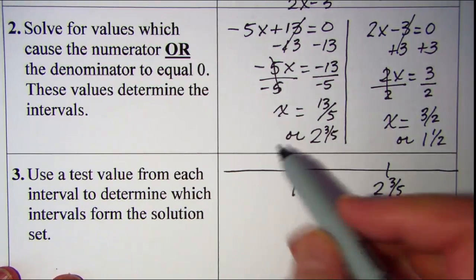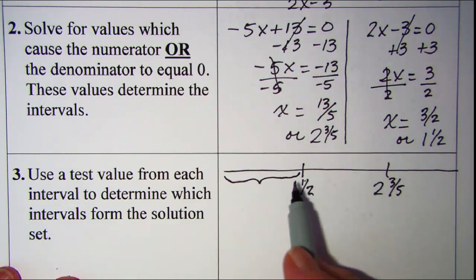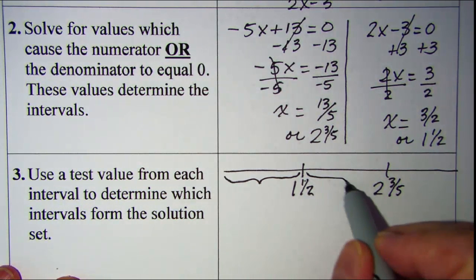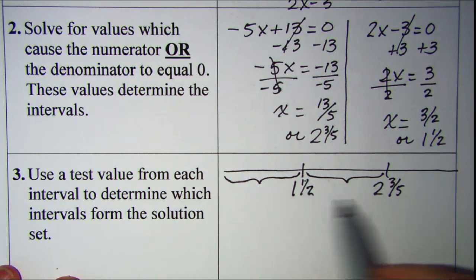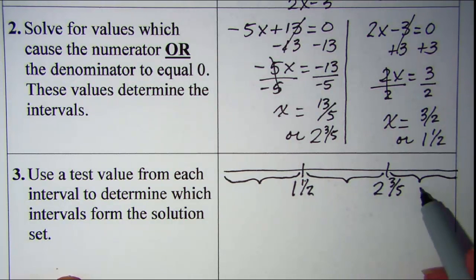Now my intervals: I have all the numbers that are less than 1 1/2. Then I have the numbers that are between 1 1/2 and 2 3/5. And then I have the numbers that are greater than 2 3/5. Those are my three intervals.